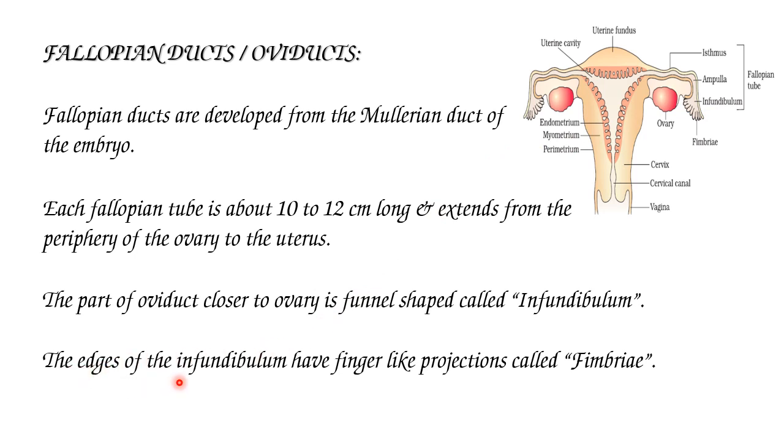The edges of the infundibulum have finger-like projections called fimbriae. If you observe this infundibulum in the diagram, it has small finger-like structures on its edges. Those finger-like structures are called the fimbriae. The fimbriae help to collect the ovum into the fallopian tube.